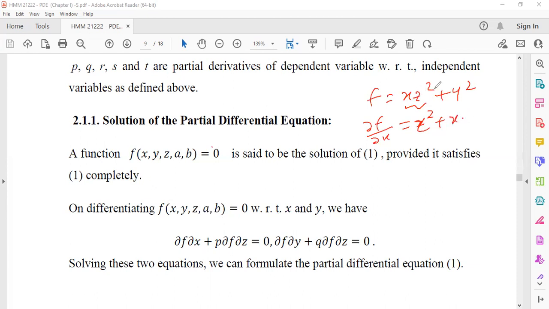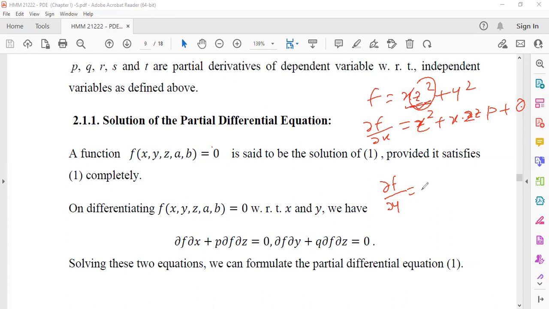If you differentiate z squared, what will you get? 2z times ∂z/∂x, that is p. Am I right? So y squared will be nothing, it will be 0. Similarly, ∂f/∂y, here nothing.